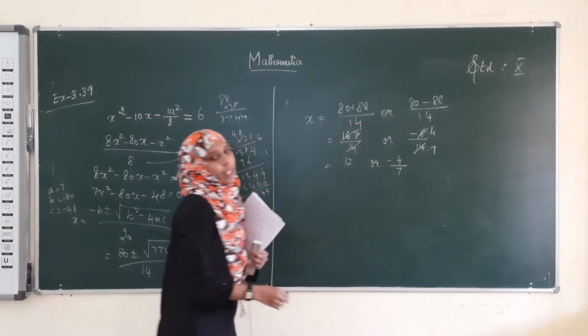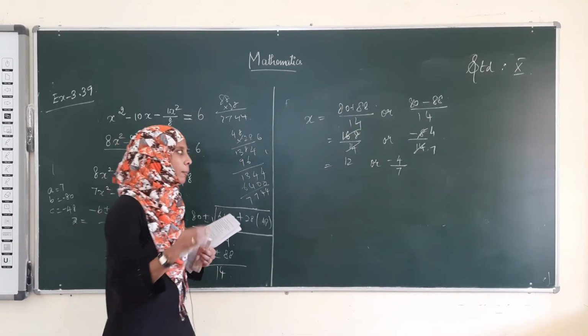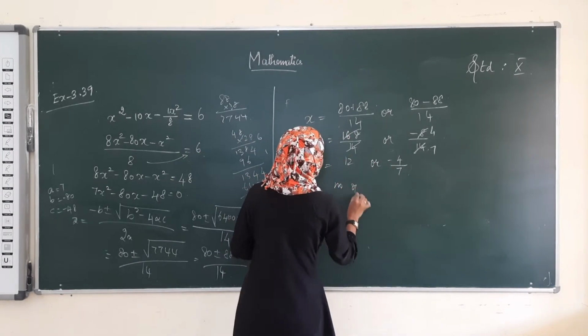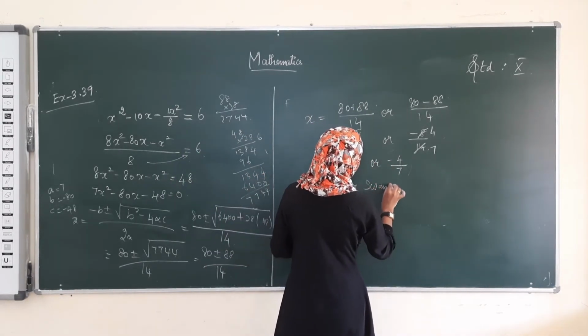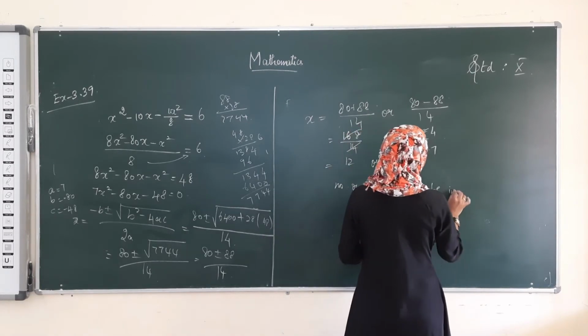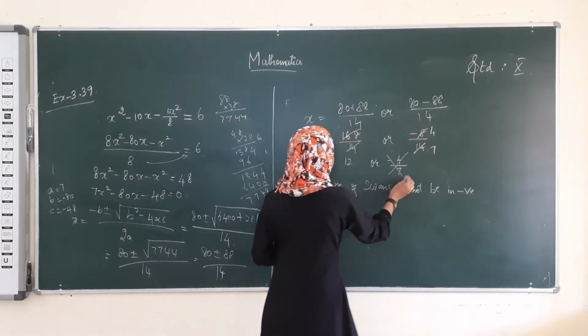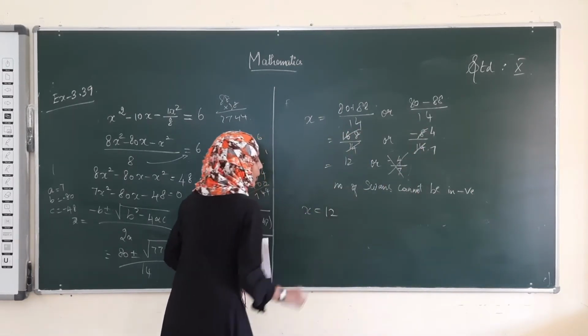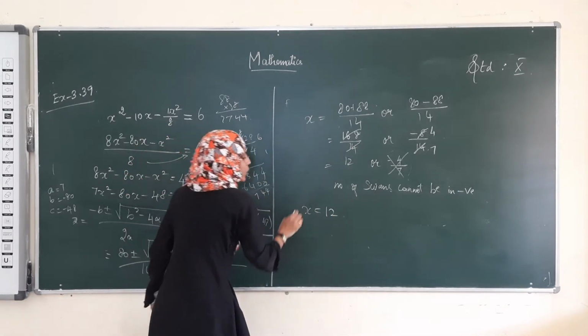See here, we have to find the number of swans. Number of swans cannot be negative. Therefore, on neglecting this, we get x is equal to 12. We found x is equal to 12.